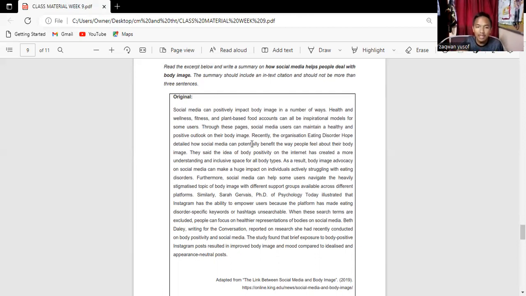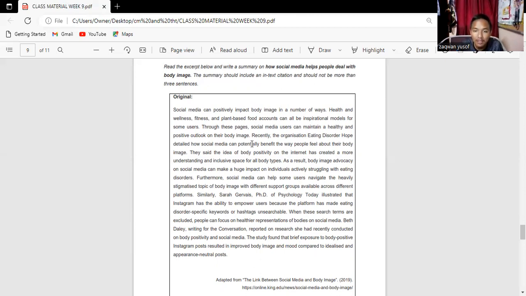Similarly, Sarah Gervais, PhD, in Psychology Today, illustrated that Instagram has the ability to empower users because the platform has muted eating disorder specific keywords and hashtags.